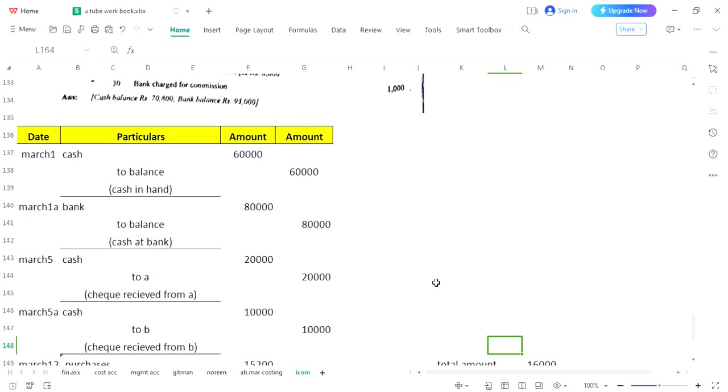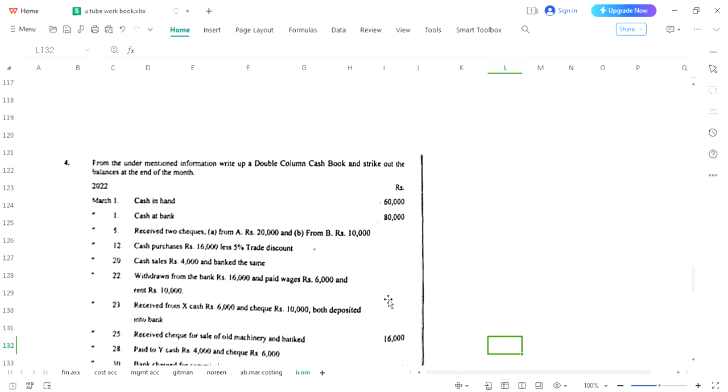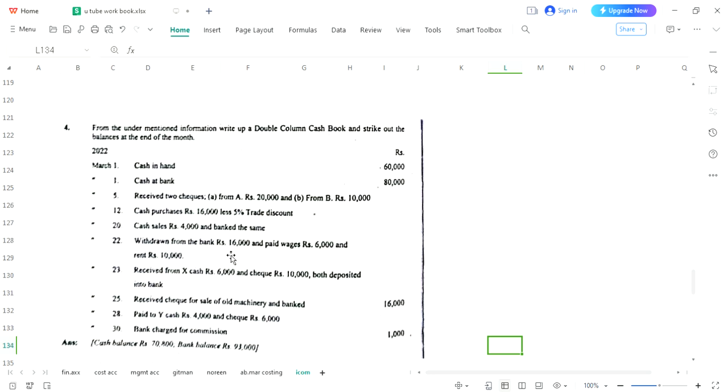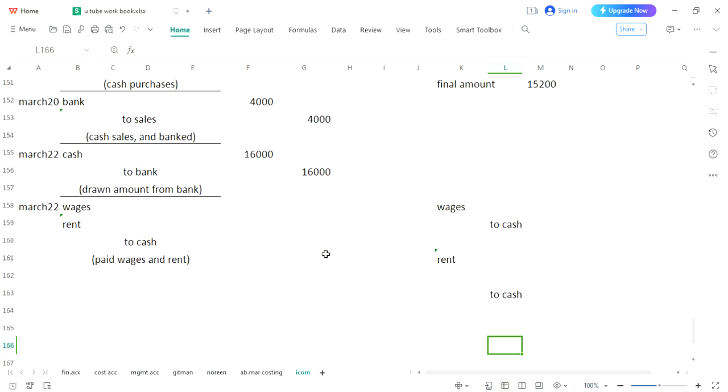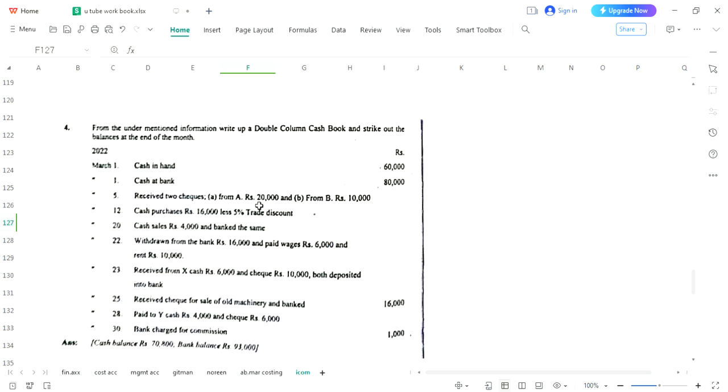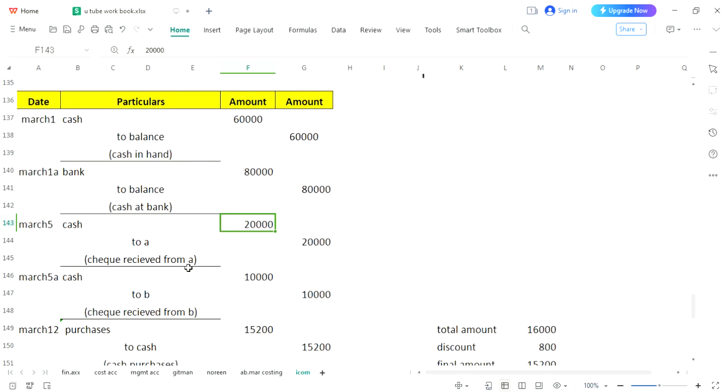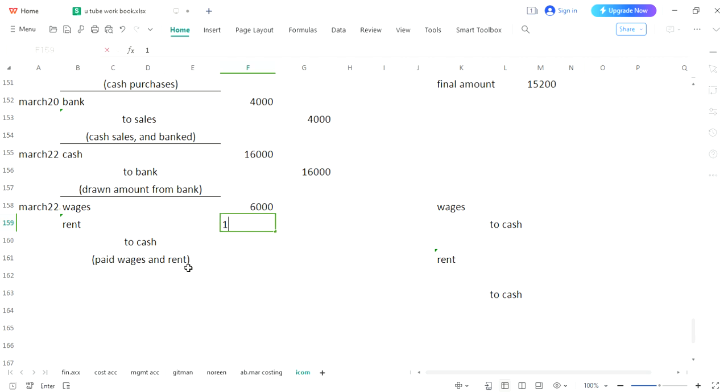Now we will see how much amount is for wages. 6,000. You will write 6,000 in front of wages and amount of rent is 6,000. Please note it down. Amount of rent is 10,000. So here you will write 10,000.